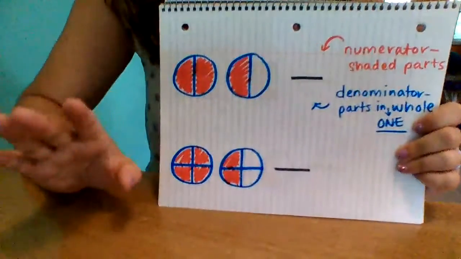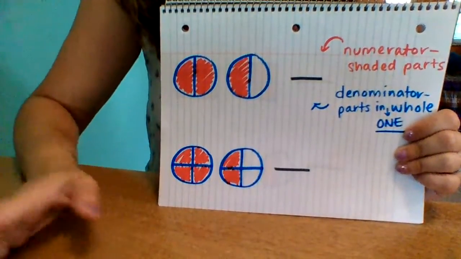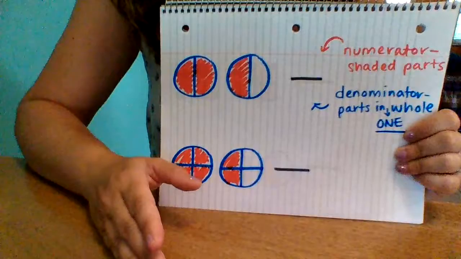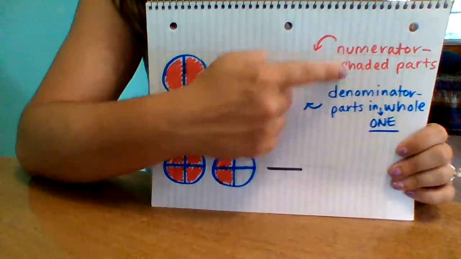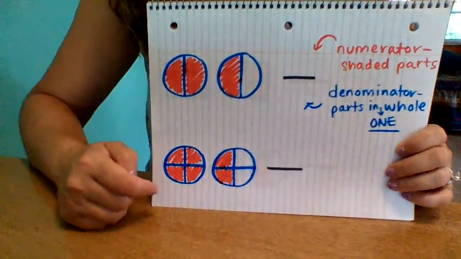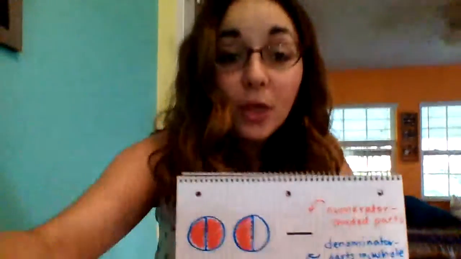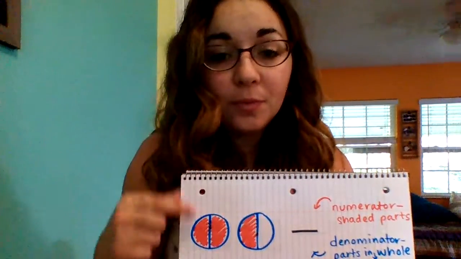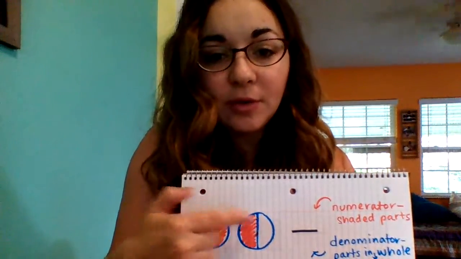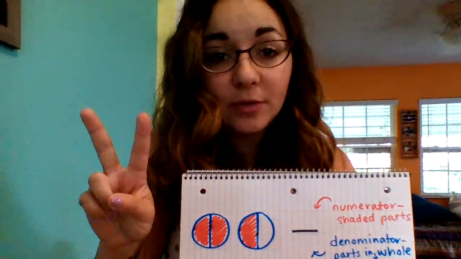Just like fractions that we started with earlier in the week, fractions that were part of one whole, fractions that are greater than one whole use the numerator and the denominator. And listen to the words that I'm saying. Greater than one whole. How many whole circles do we have here? 2 whole circles, right?